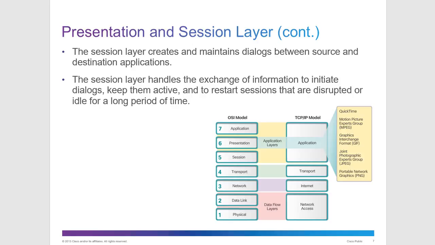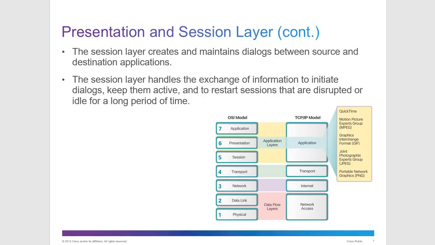The transport layer is what adds your transport header with your port numbers that the session layer handles. Okay, so it adds that information, but really the session layer, semi in conjunction with the transport layer, is responsible for keeping sessions active, restarting them, and so on.